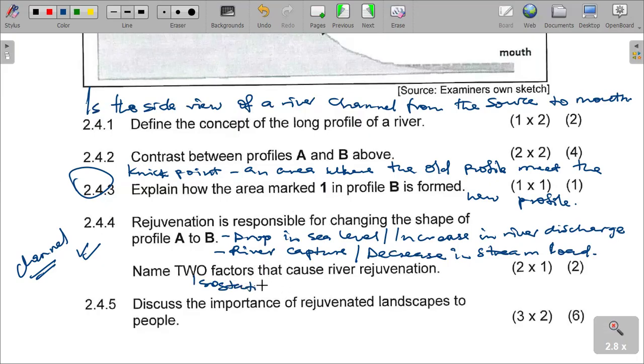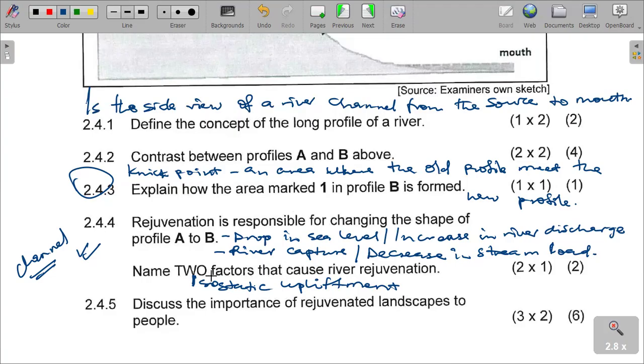Isostatic upliftment is just the movement of the earth, or the general upliftment of the river bed, which would increase the gradient of the river flow.